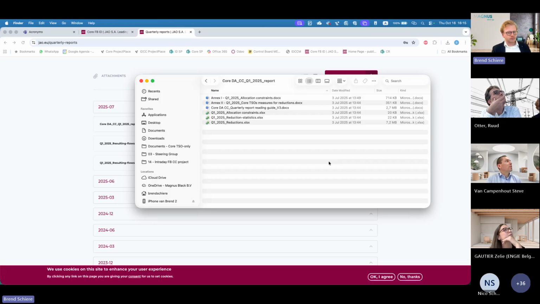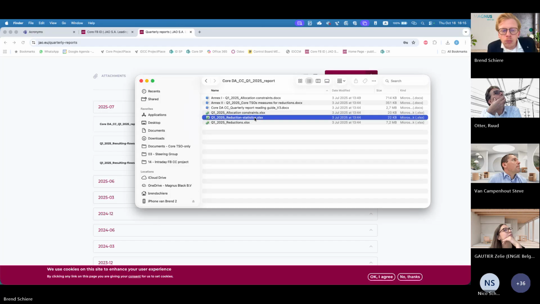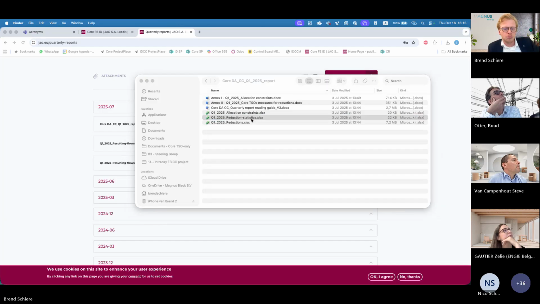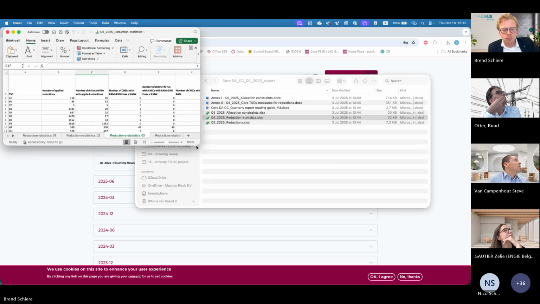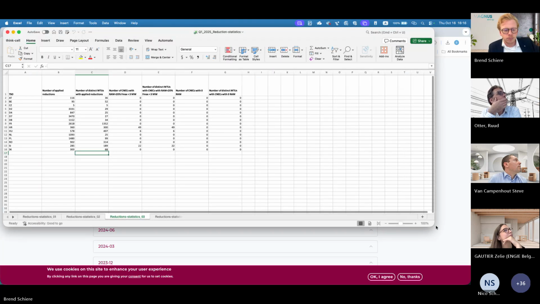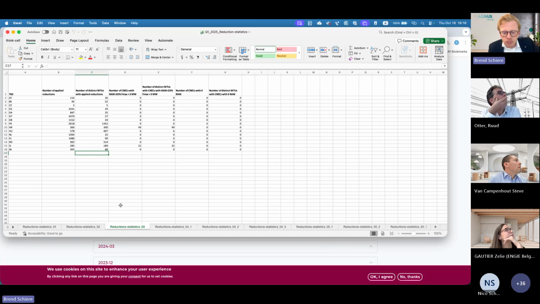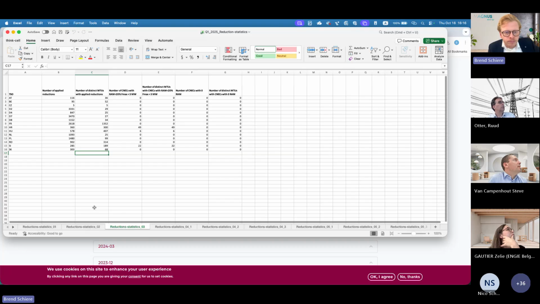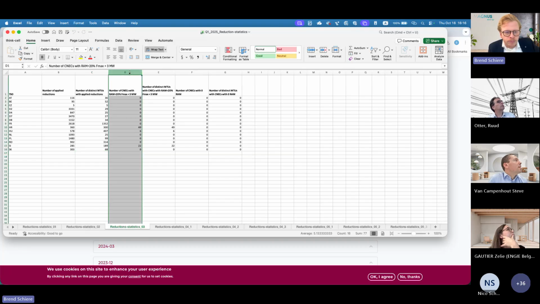And then if you open reduction statistics, yes, so that's the one, number 3, the correct one, open. You see there columns D and E, the number of CNECs and number of MTUs having CNECs with RAM below 20%.